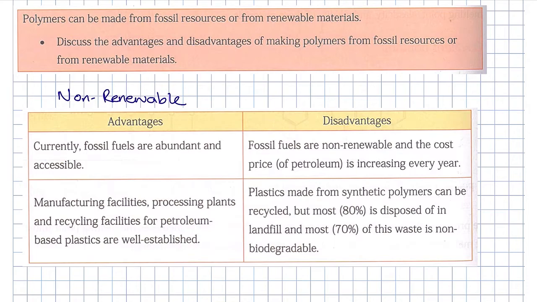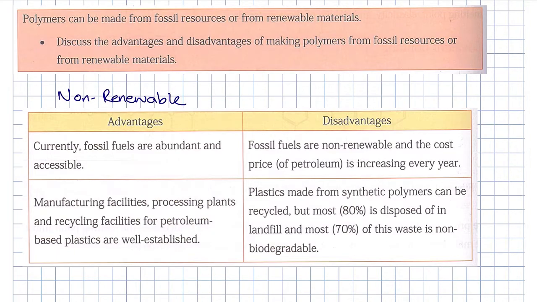We can make them from fossil resources, so we can make a lot of our synthetic ones from petroleum products. They have advantages, but we are also aware of those disadvantages. But we can also make them from renewable materials. Your polyesters and polyamides, those condensation reaction ones, can be made from more renewable sources.